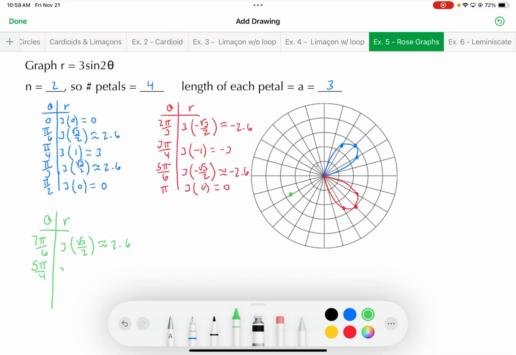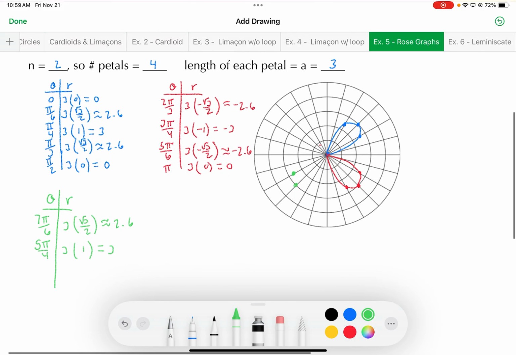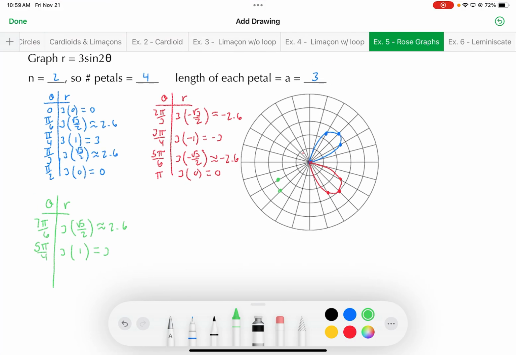Okay, 5 pi over 4. 2 times 5 pi over 4 would give me 5 pi over 2, which is going to be 1 again when you evaluate sine. 3 times 1 is 3. Plots there. Next, let's go to 4 pi over 3.